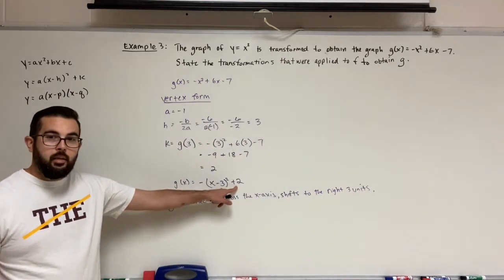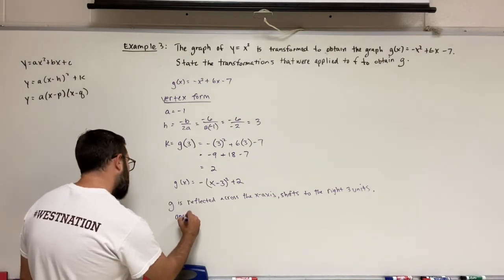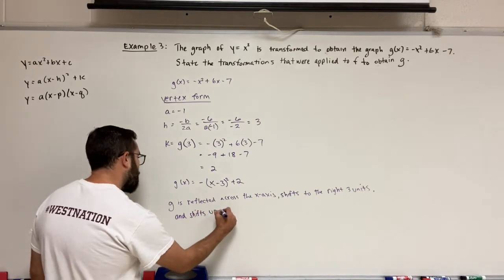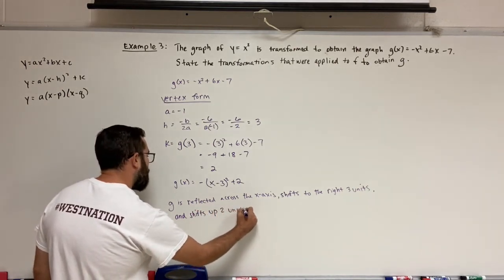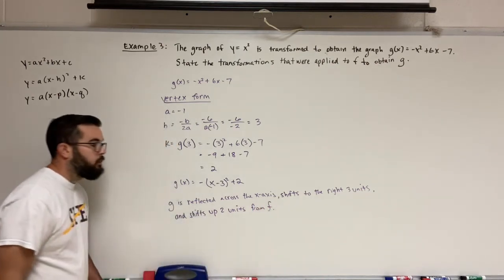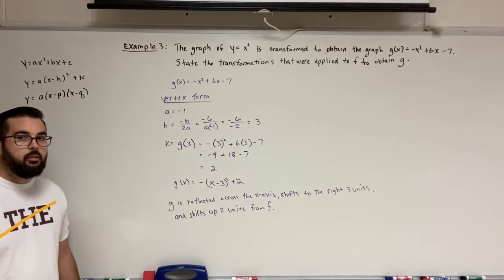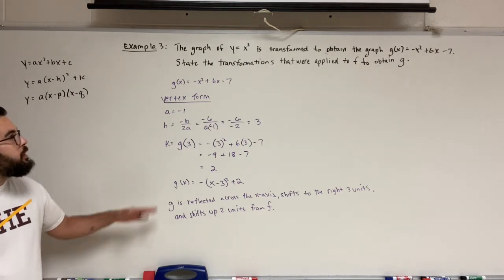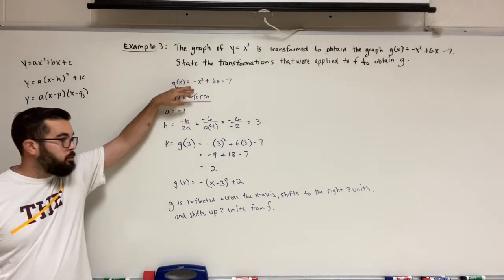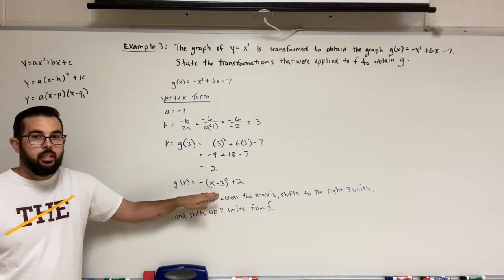Then this plus 2 would be a shift up 2 units from f. And now we can name the transformations. You can see that hardly any of those things come from standard form. It's easily seen when we switch to vertex form.